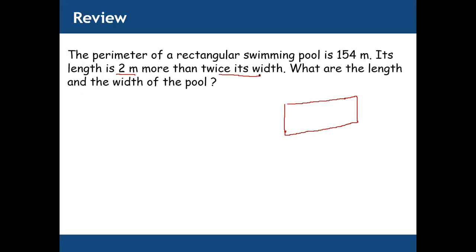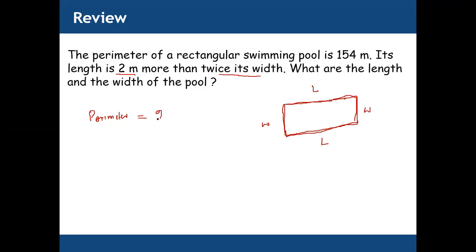So you know that the perimeter is the length of the outer boundary, starting from here and going around the total outer boundary line. This is the perimeter. If this one is length, this one is also length, this one is width, and this one is also width. So we have 2 widths and 2 lengths.